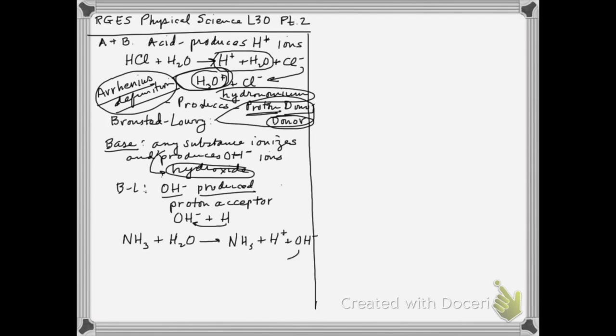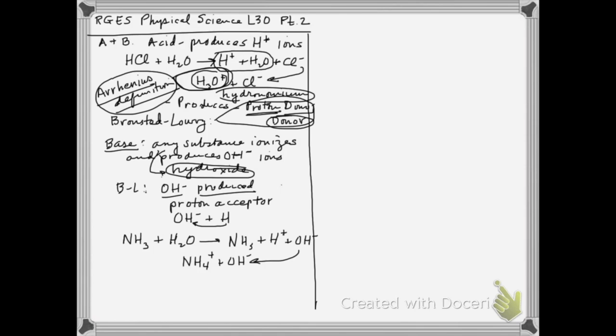So in the second step, this is the first step, the water breaks down. In the second step, the NH3 plus the H forms NH4 plus, the ammonium, and you have OH minus, okay?